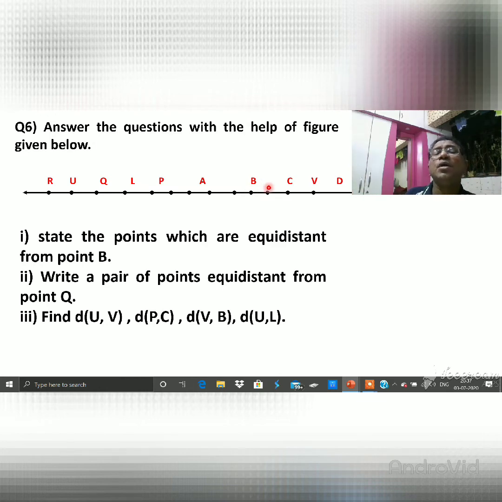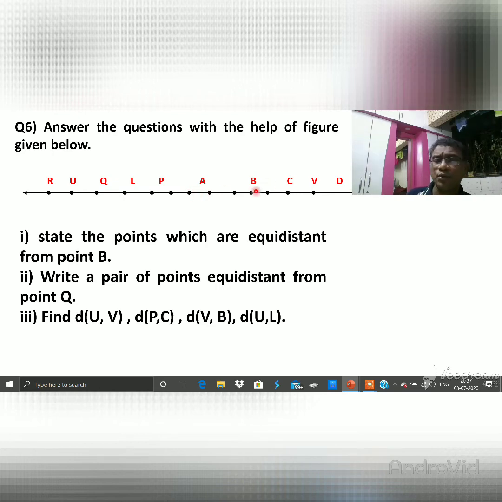So see B. B and C, they are having one point. Then here also B and A, they are also having one point. So from B, the equidistant points are A and C. Then which is another possible? Suppose there is how many? 1 and 2. So if you are going here, it is 1, 2, 3.